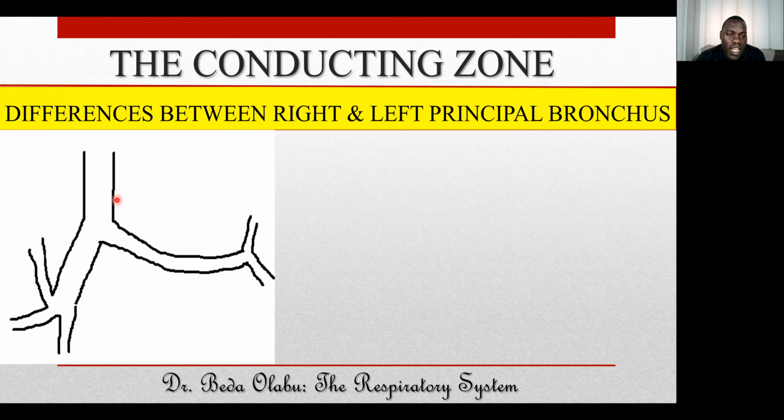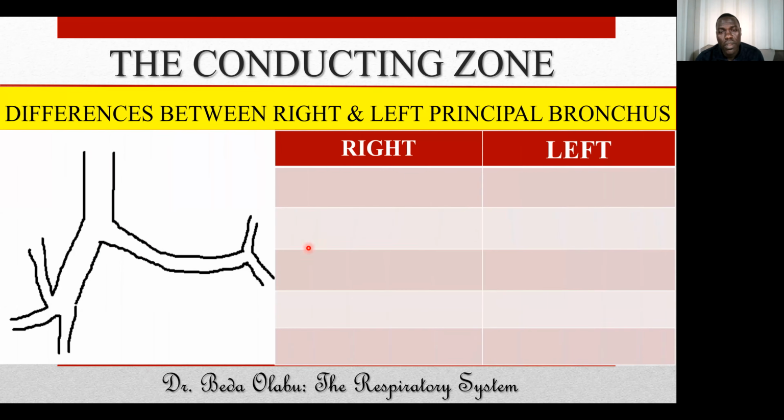I'm using this diagram to show you the key differences between the right and the left main bronchus. So I want you to look at the diagram and try to appreciate those differences. So from here, this is the right one, this is the left one.